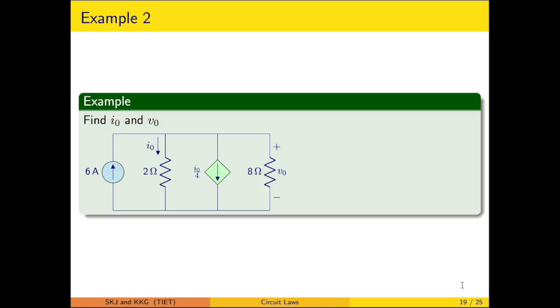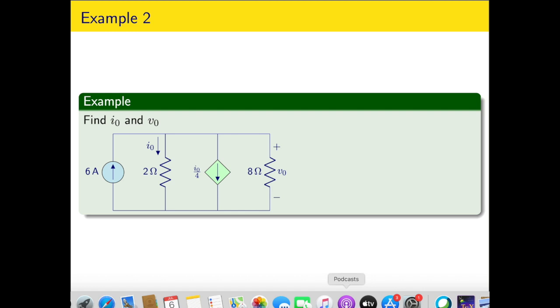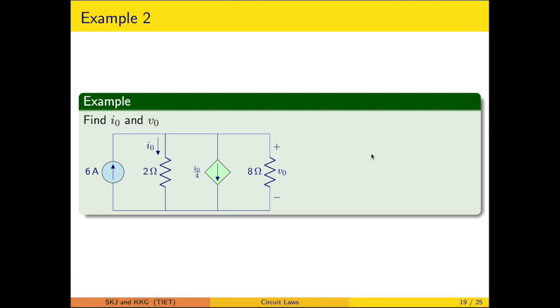Now take another example where we are supposed to calculate I0 and V0. Here, you first identify the junctions. Let's say this is a junction, and this is a junction. Once the junctions are identified, you write the KCL equation.